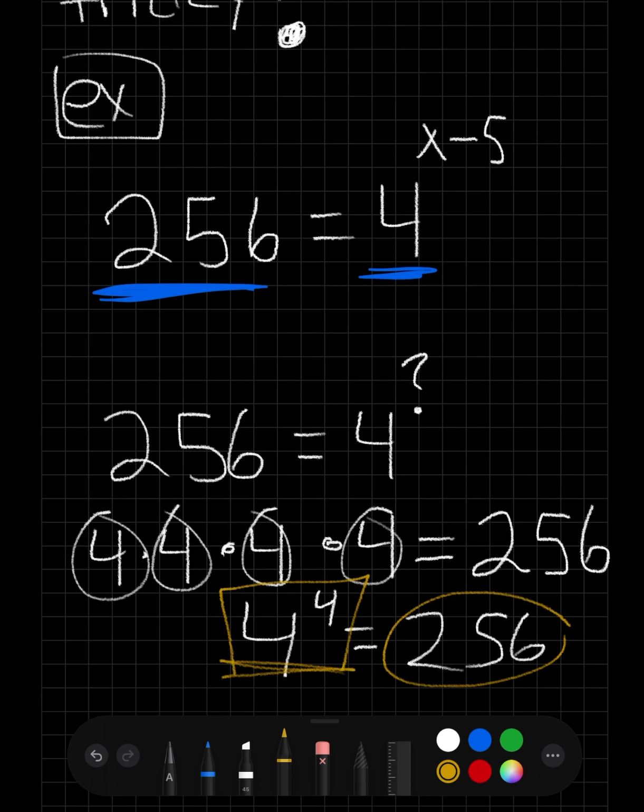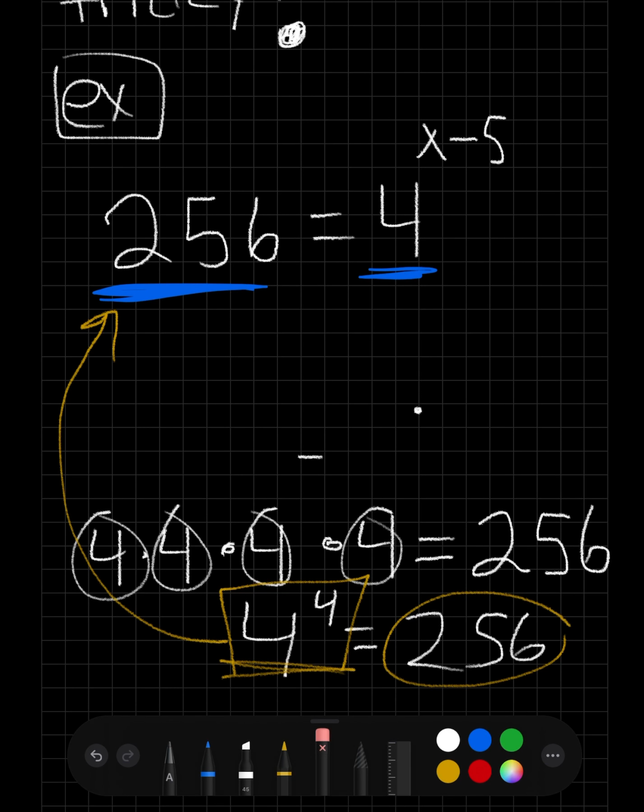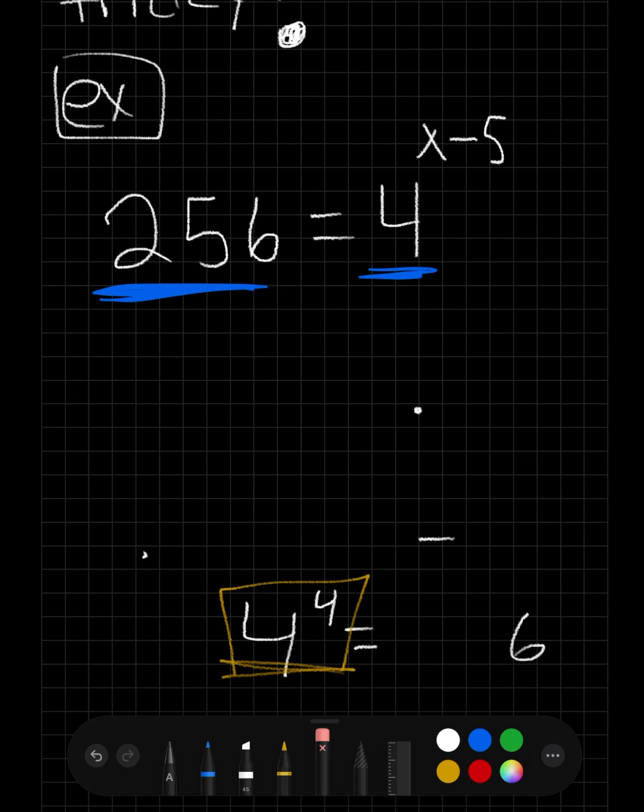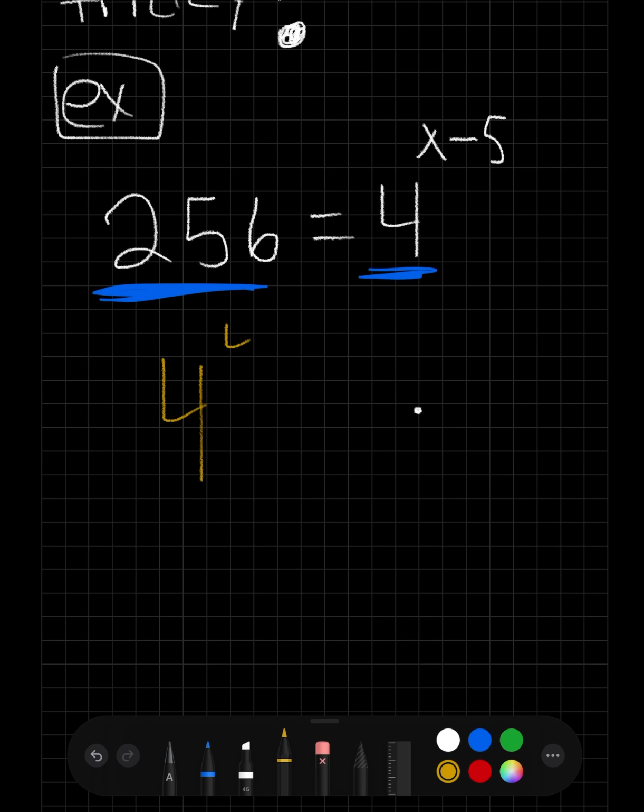So because 256 is equal to 4 to the 4th power, I can actually substitute that into my original equation here, and I can use that to solve. So I'm going to clean this up here. Now that I know 256 is 4 to the 4th power, I can make this substitution and say 4 to the 4th power, because that's the same as 256, is equal to 4 to the x minus 5.